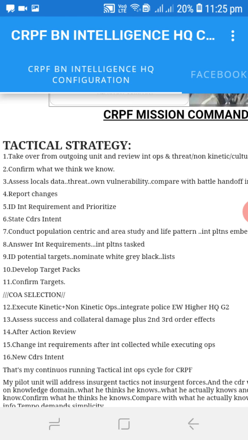Next, we come to the commander's intent. The commander's intent, the most important concept, the verbal and written force which drives the entire operation down to the final victory, is the commander's intent.